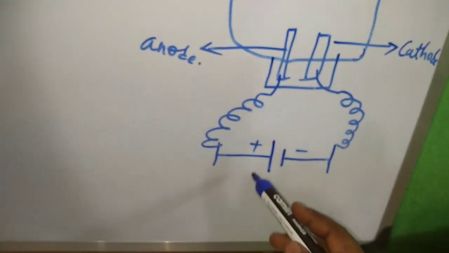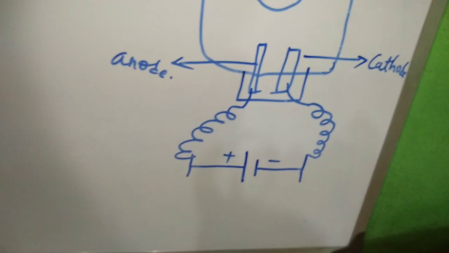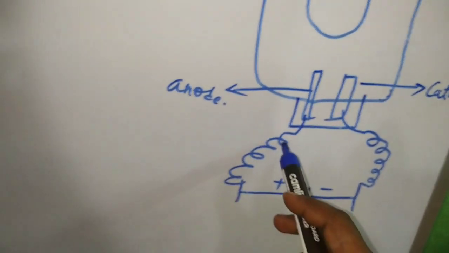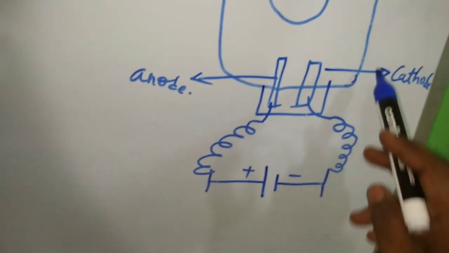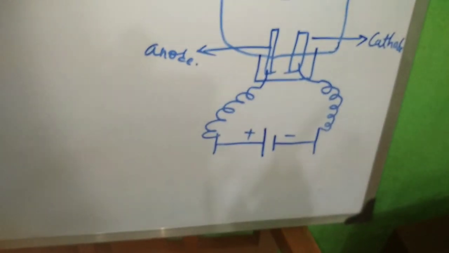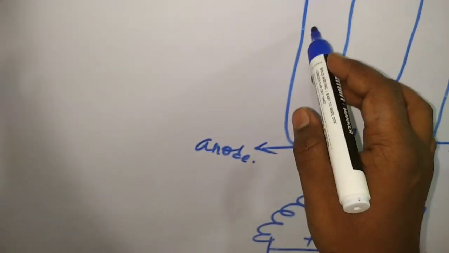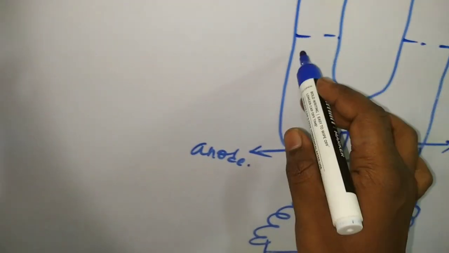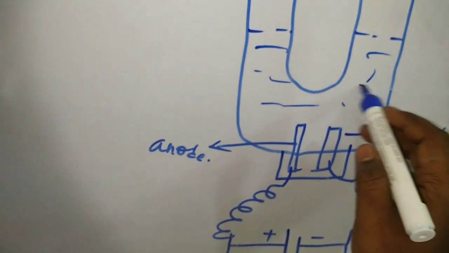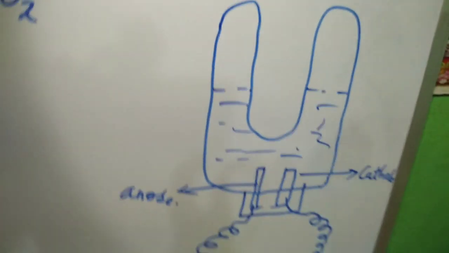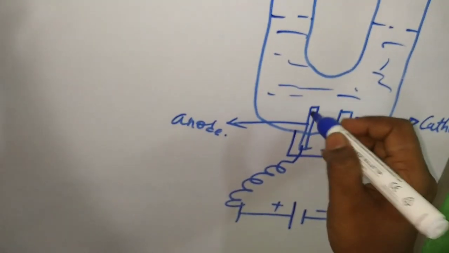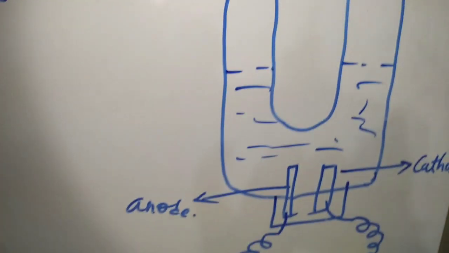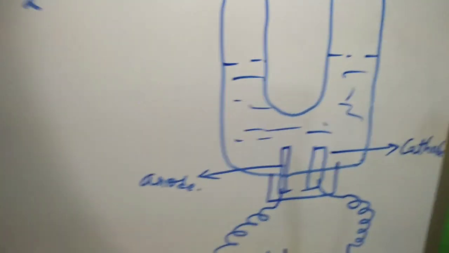So let's see, this is the battery, this is the positive terminal and this is the negative terminal. I told you that the anode should be connected with the positive terminal and the cathode with the negative terminal. Understand, this is the water level. Both are in the same condition, and H2SO4 is given, 4 to 5 drops.